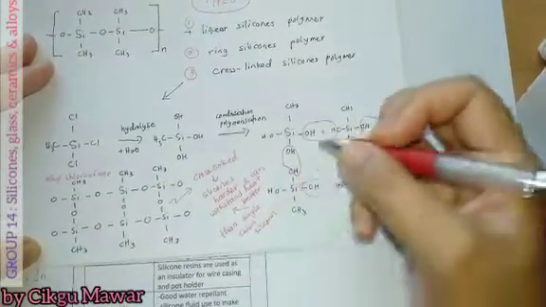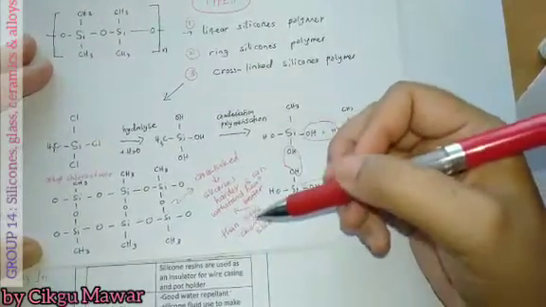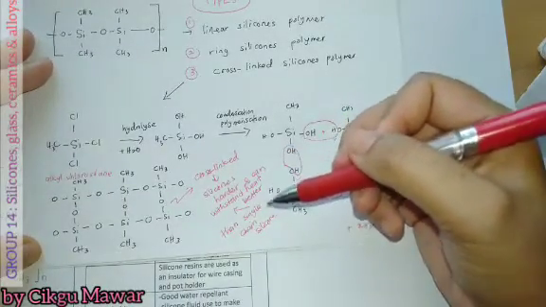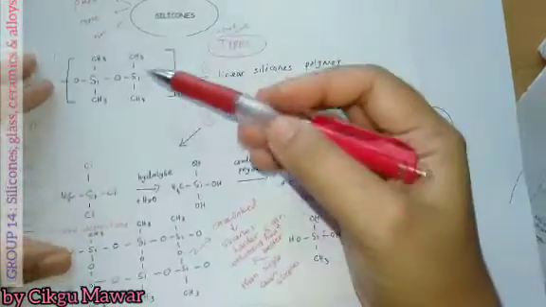So this is the advantage of cross-link silicone, which is harder and can withstand heat better than single chain silicone, which is this one.